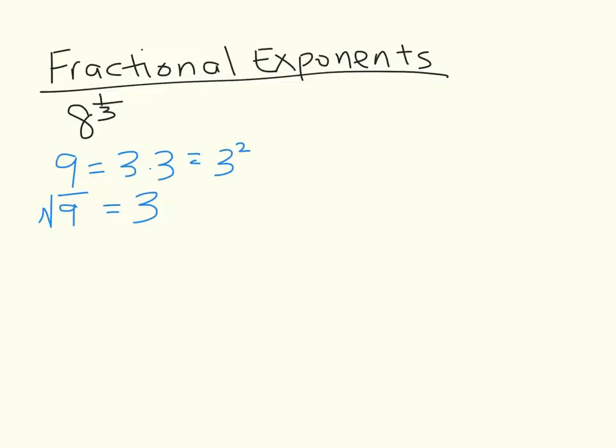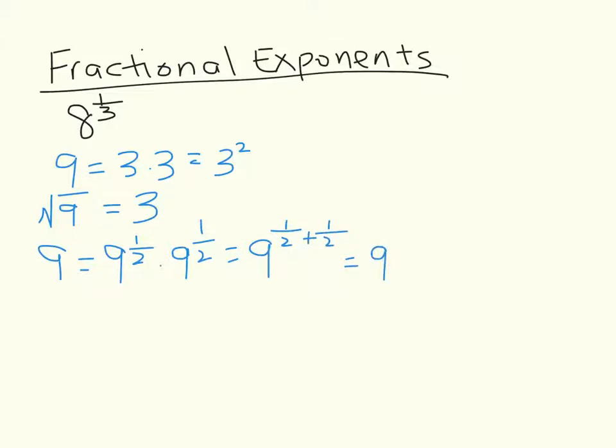If you look at the number 9, it equals 9 to the half power times 9 to the half power. If we apply the product of powers property, we can just add these two powers to give you 9.